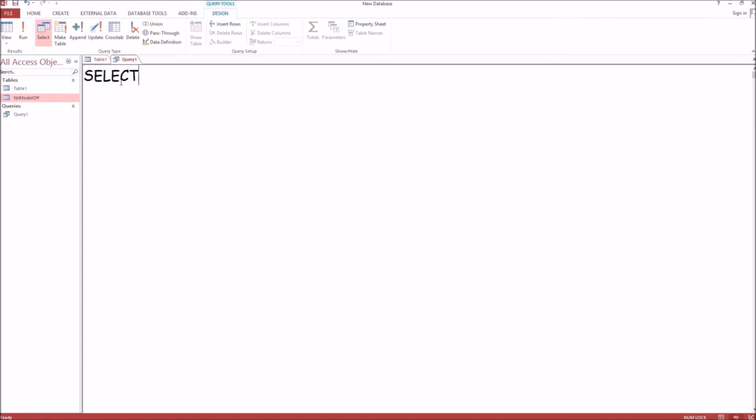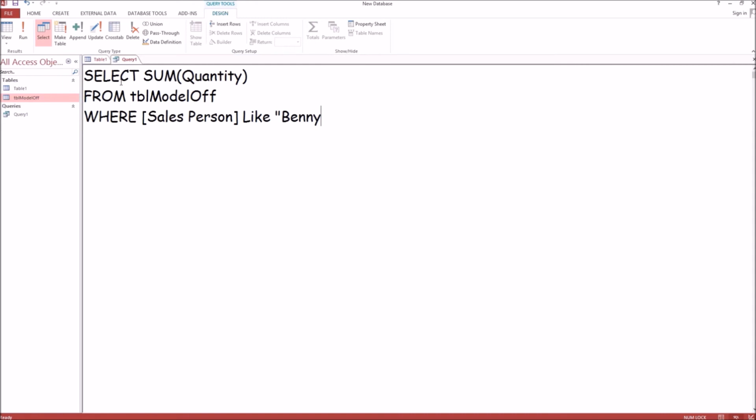So let's select sum of quantity from our table where salesperson like Benny or salesperson like Kelly.